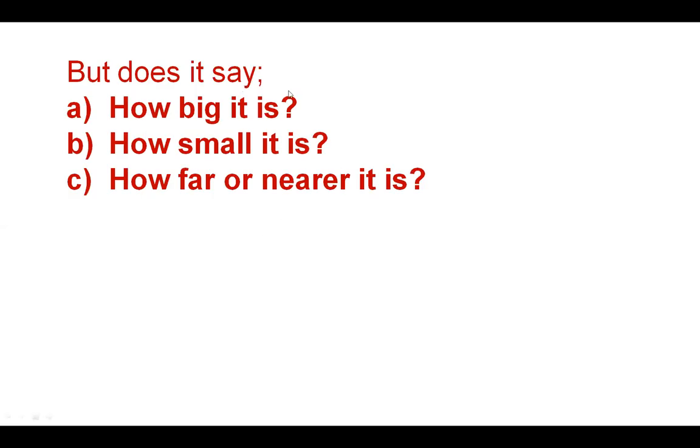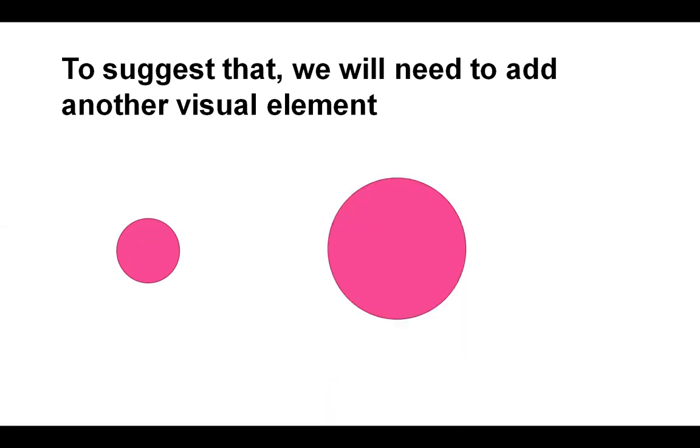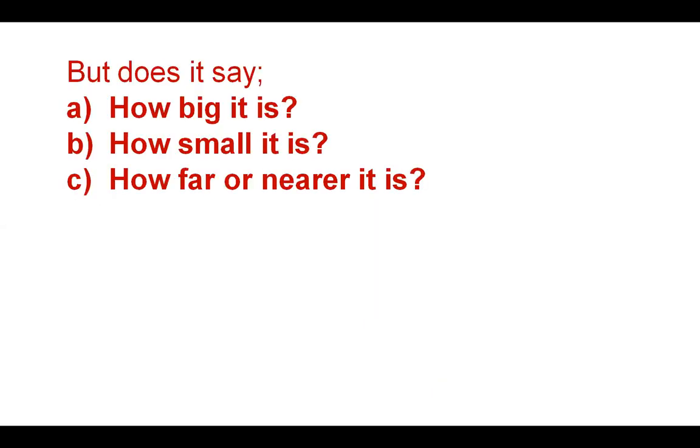how big it is, how small it is, how far or nearer it is, then we need to add another visual element. So now we are having two visual elements. I think these questions are now answered, even if the real answers have not been written there.